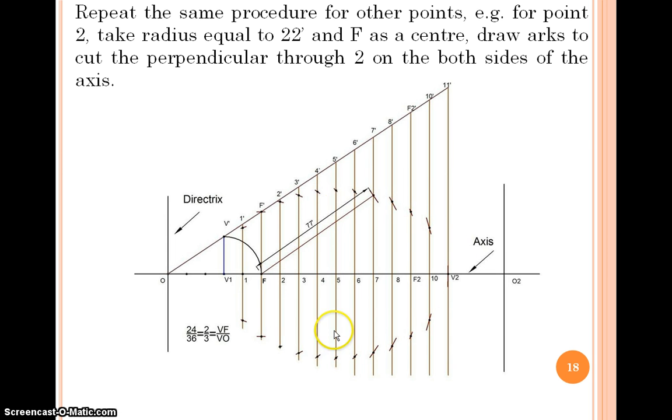Similarly, you can mark all the points: take 3 to 3 dash, keep the point on F, mark on the 3 dash line on both sides of the axis. Likewise, you can mark all the points of those lines and give names to all the points.